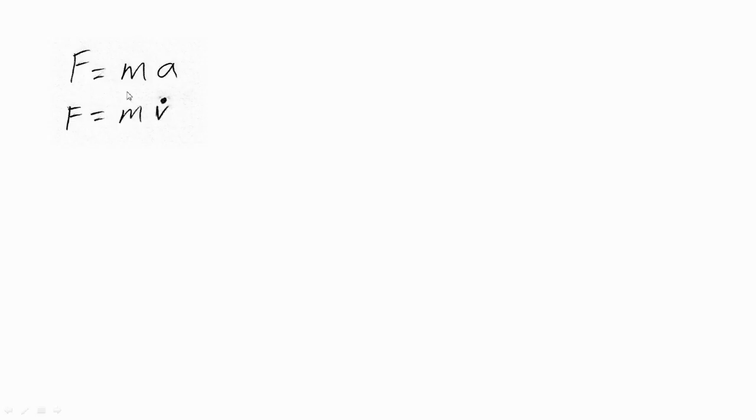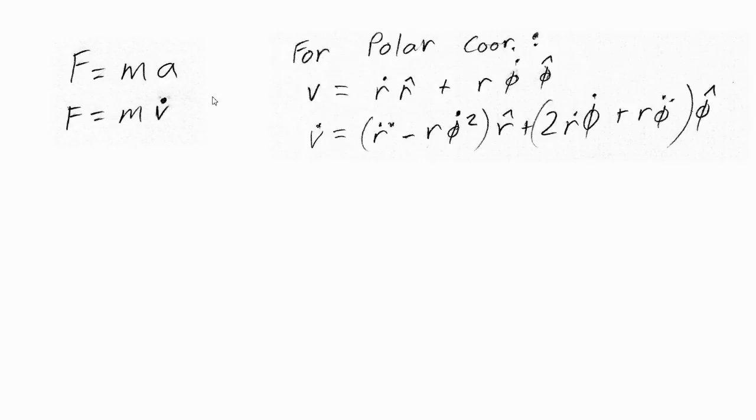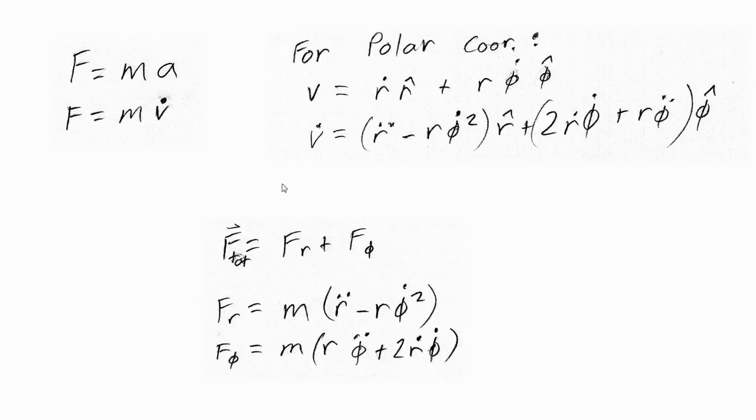So we're going to start off doing the force equations, and we're going to start from the place where we normally start with Newton's second law, where F equals ma. And for polar coordinates, you can derive that v equals r dot r hat plus r theta dot phi hat. And if you take the time derivative of that once more, you get the acceleration in polar coordinates.